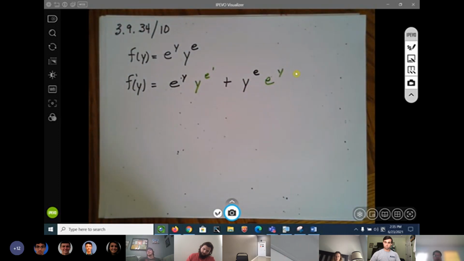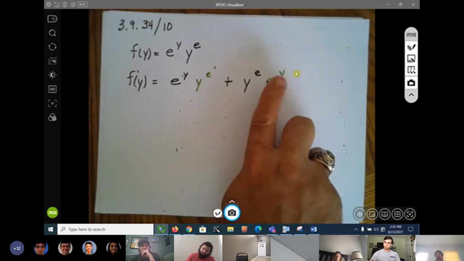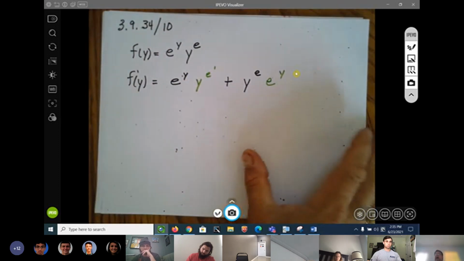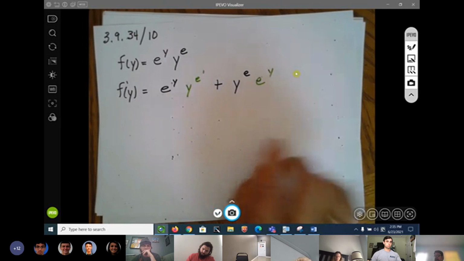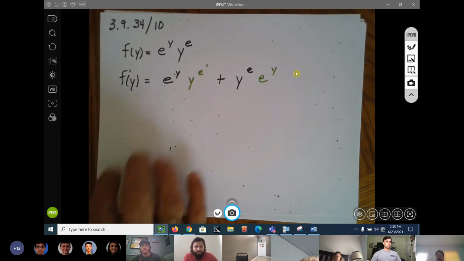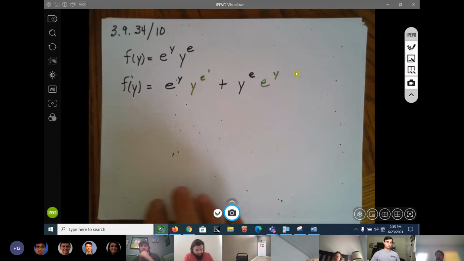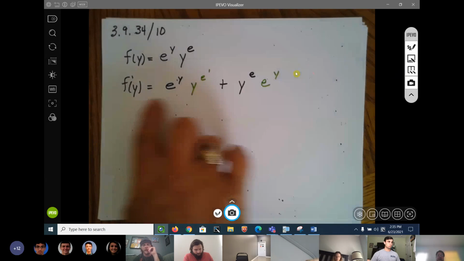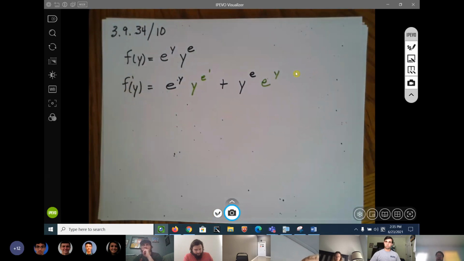Another reason students get confused on this problem is they know that the derivative of e to the y is e to the y. That's not a problem. It's this one right here that gets them. They don't know what to do with it. So we'll just go ahead and quit after we write this one down. After we write here, you throw your pencil down and quit.